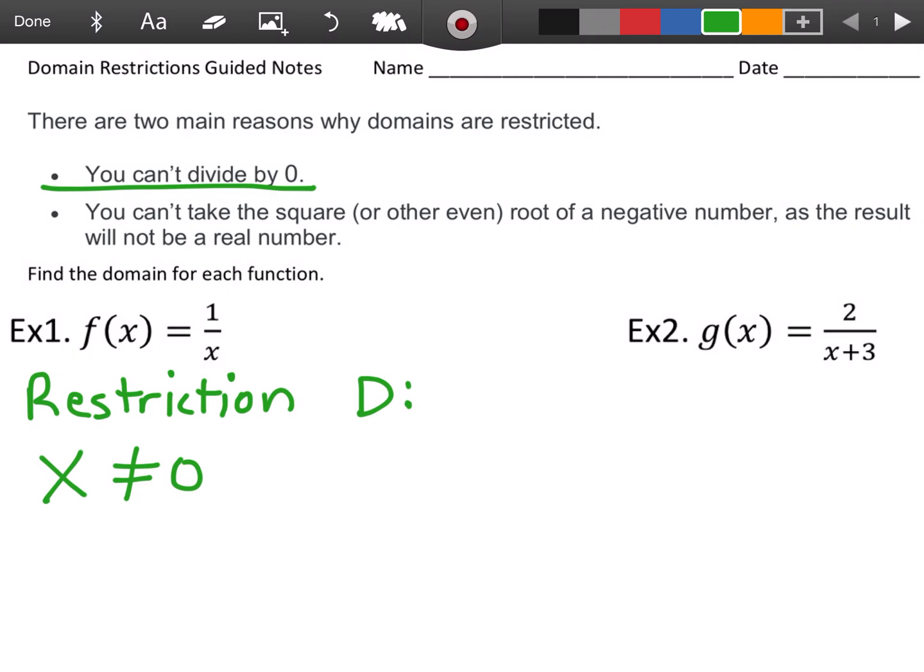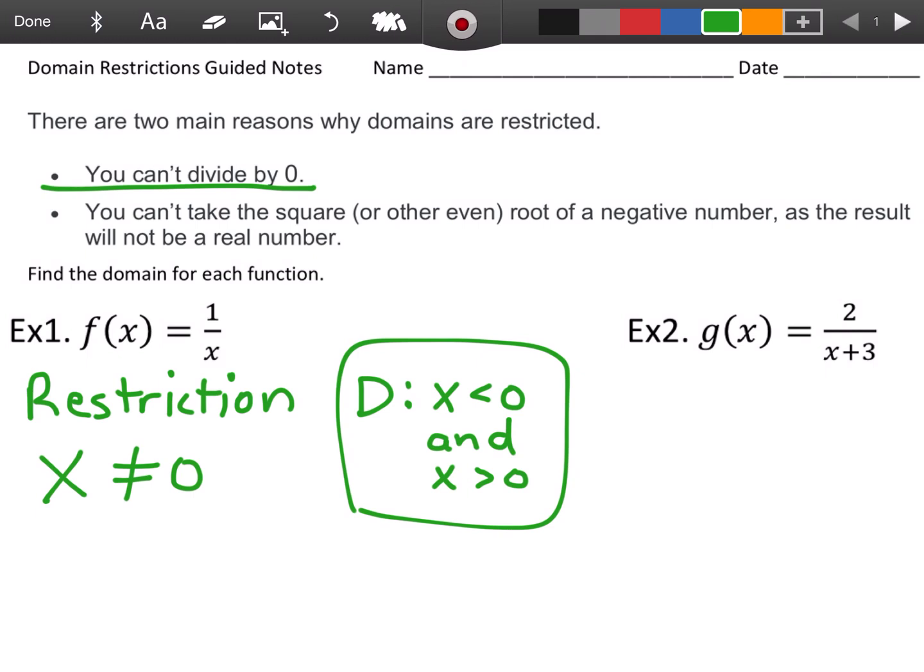Now what that means is that our domain is going to be all of the numbers to the left of 0 as well as all the numbers to the right of 0, but not including 0. So our domain is made up of x values that are less than 0 and also greater than 0. Now you can write it that way.